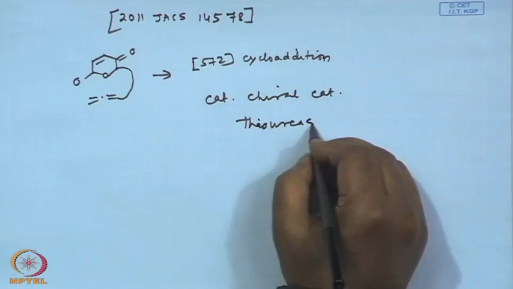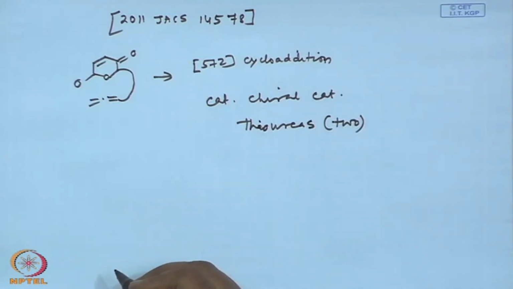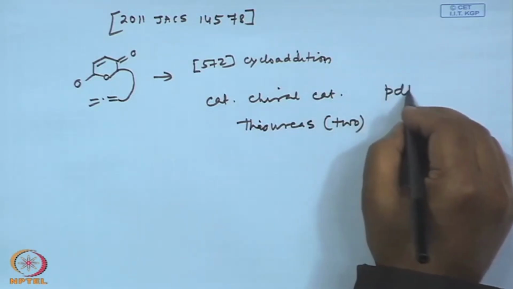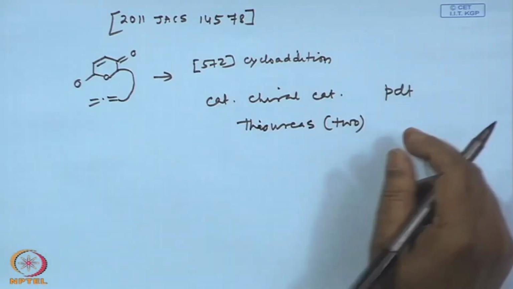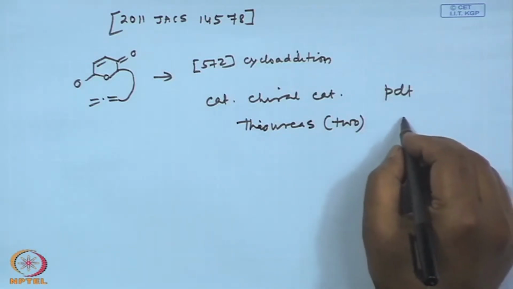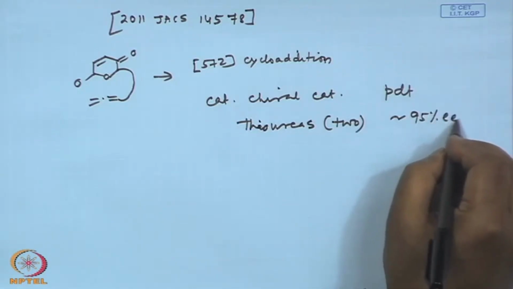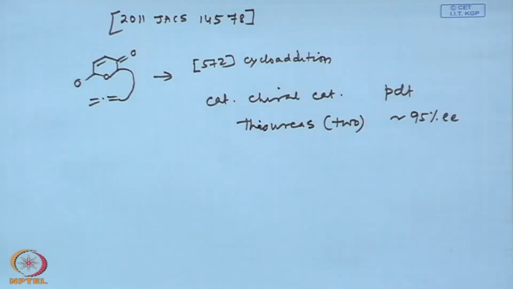So two thiourea catalysts have been used together to produce the corresponding product in enantiomerically pure form. With the allene systems, the enantiomeric excess has been very close to 95%. You can look at this reference.